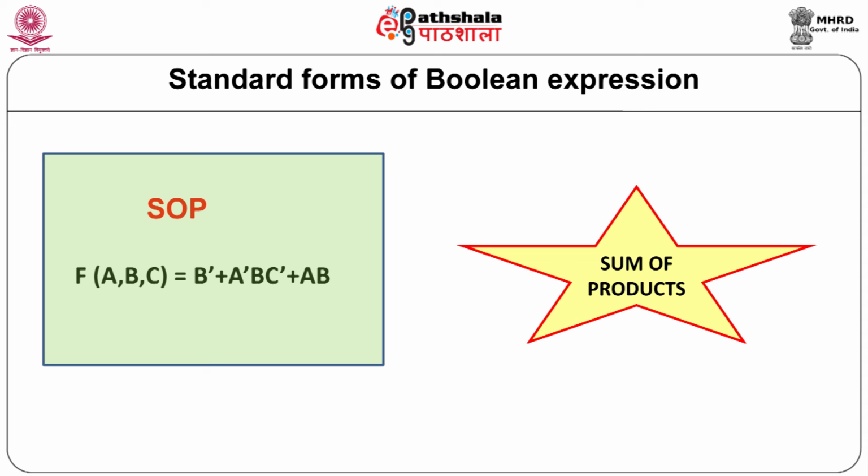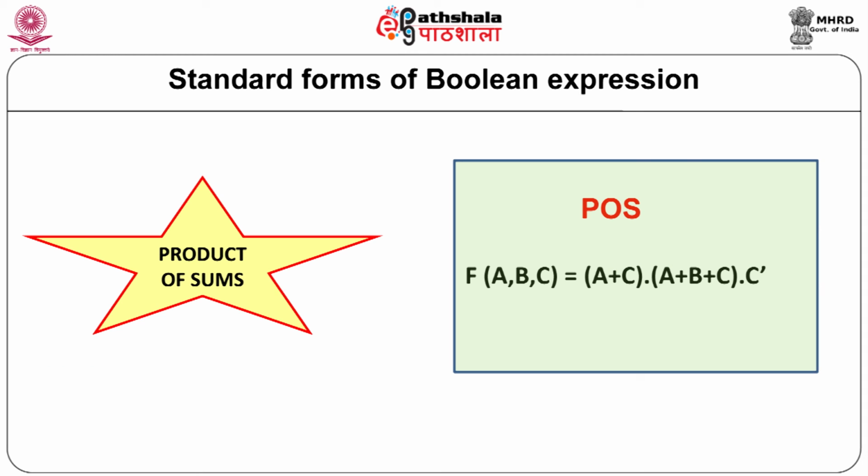The sum of product form is normally generated as a part of standard form. So, for example, a function of 3 variables A, B, C is given as sum of product forms containing certain variables as shown here.